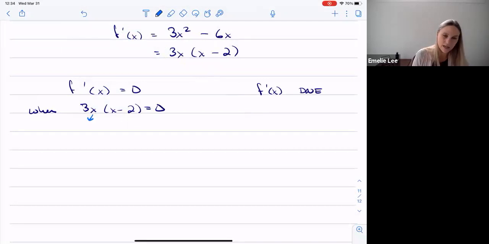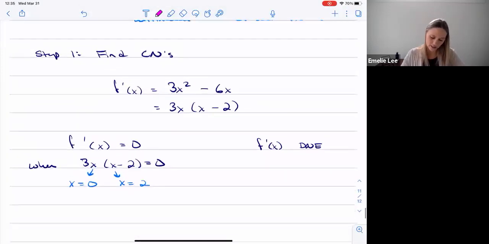So x equals 0 gives me 0, and x equals 2 gives me 0. These are both critical numbers.